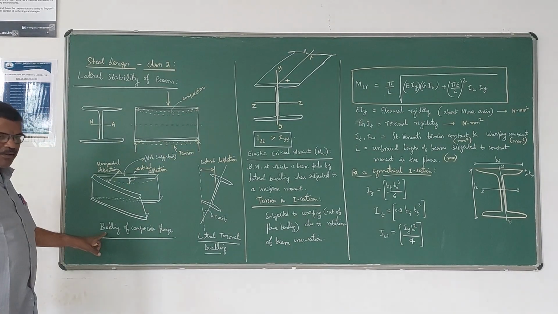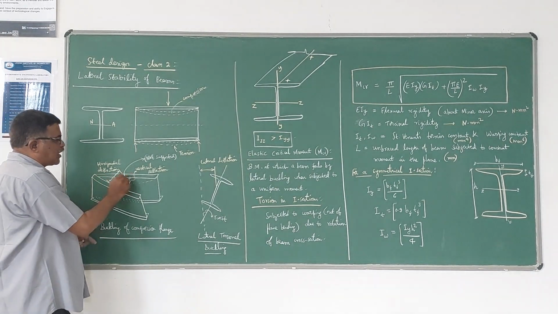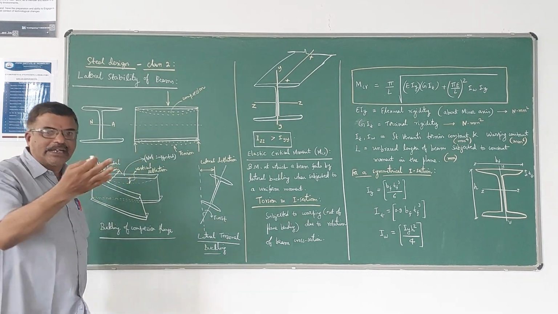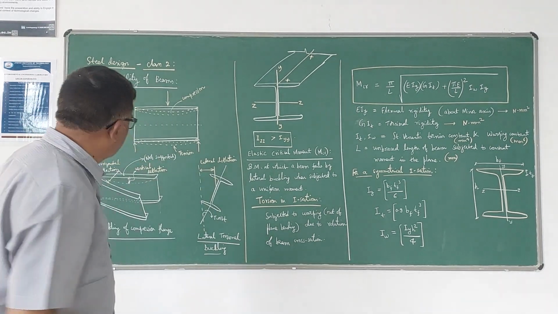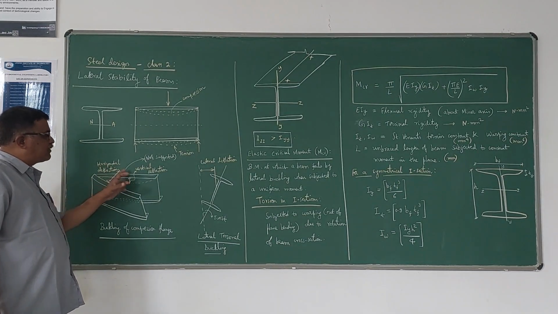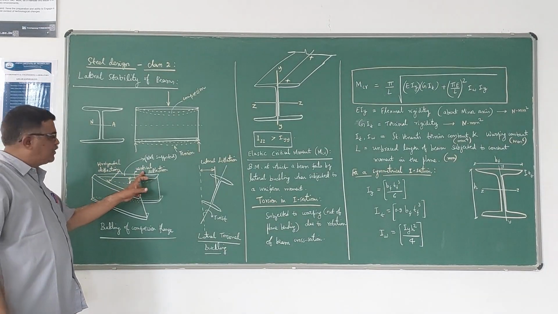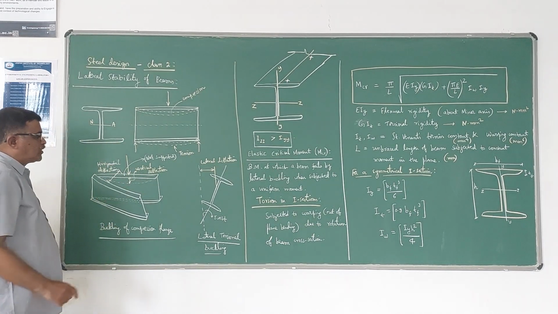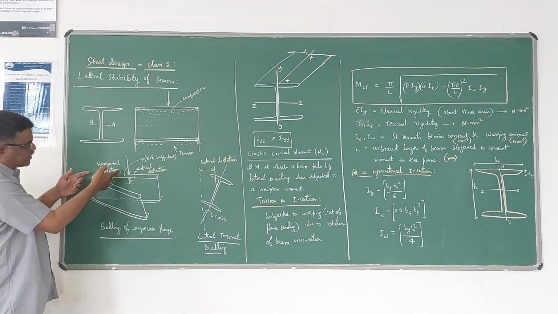On the other hand, if this compression flange is not supported or restrained, if it is unrestrained, then there is a possibility of both horizontal deflection as well as vertical deflection of the beam when it is subjected to load like this. Horizontal deflection is measured like this.